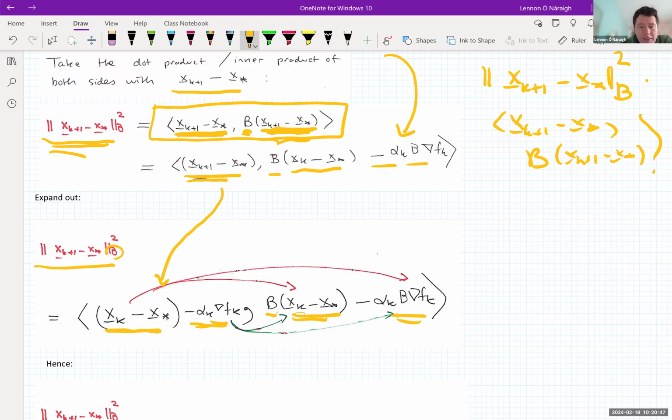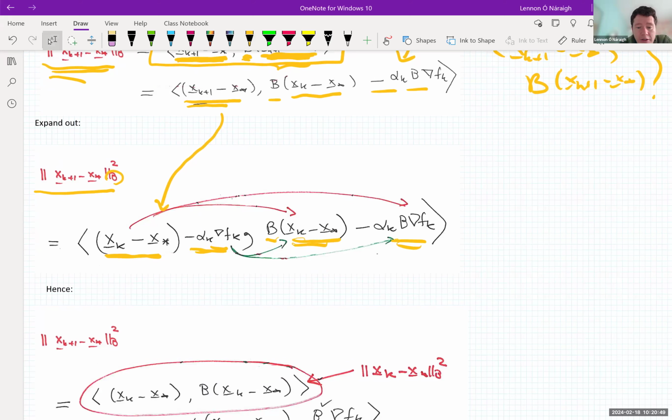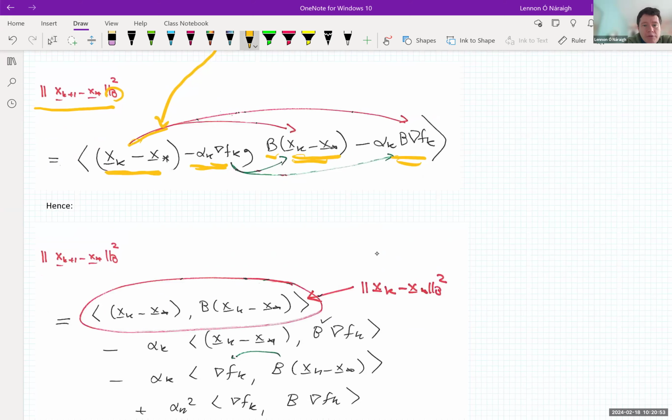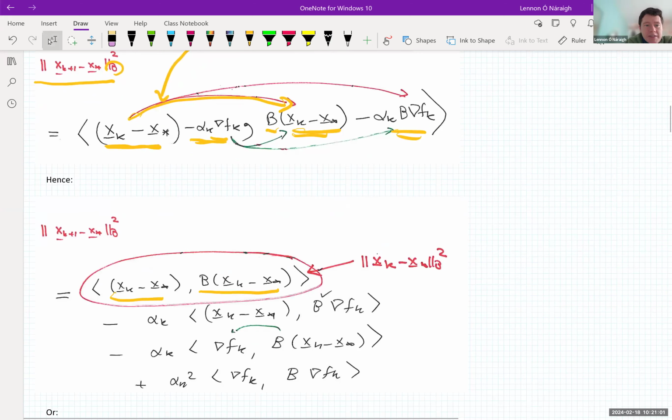So I expand out, and there are 4 terms, which I've indicated here. The first term will be xk minus x star dotted with b times xk minus x star. The second term will be minus alpha k times xk minus x star dotted with b grad fk.